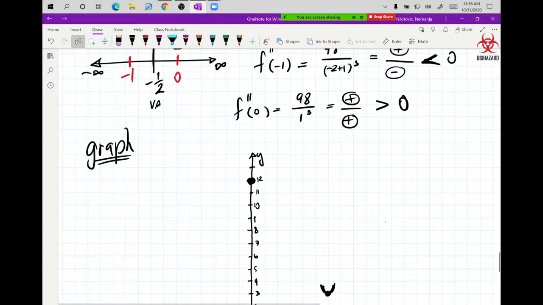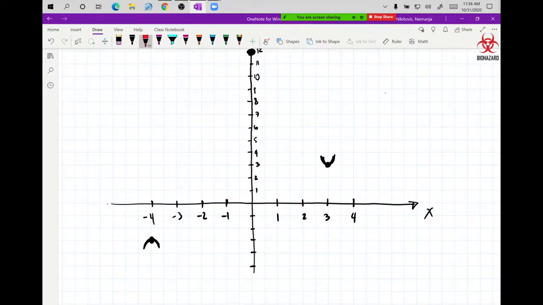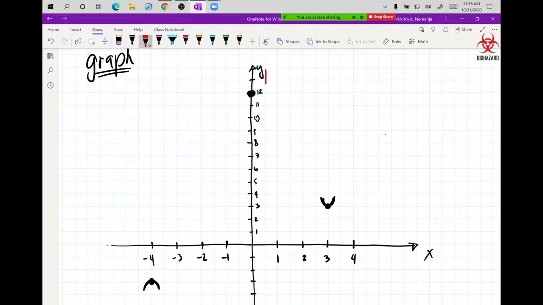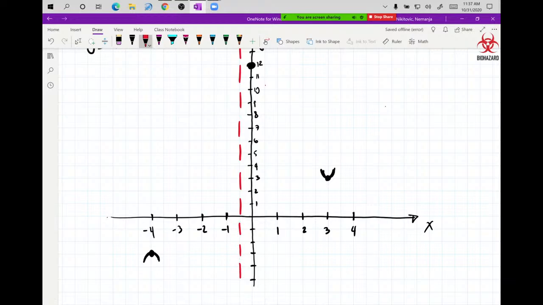Okay, now asymptotes. I have the asymptote. I like to use red for -1/2. That's my vertical asymptote, x equals -1/2.